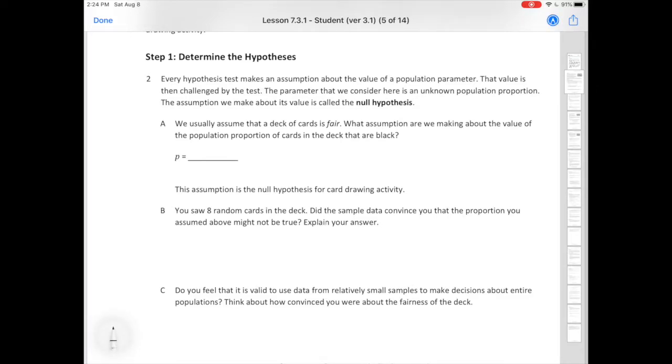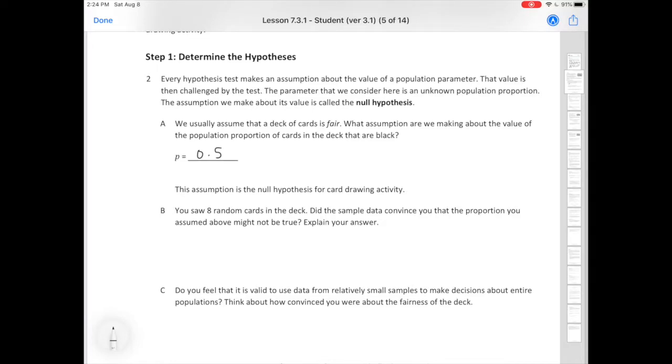So what would I put for my P equals here? My P would equal 0.5, right? That's the same as a half. So this is what we're assuming. This assumption is the null hypothesis for the card drawing activity.